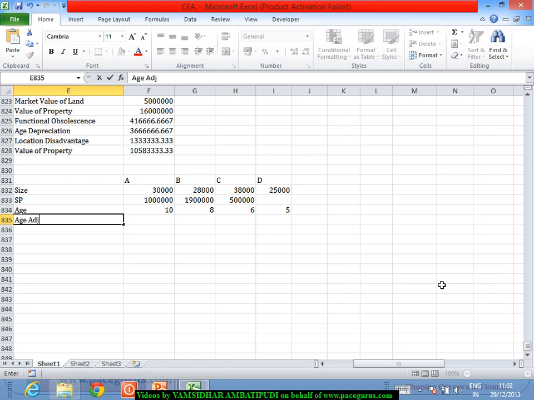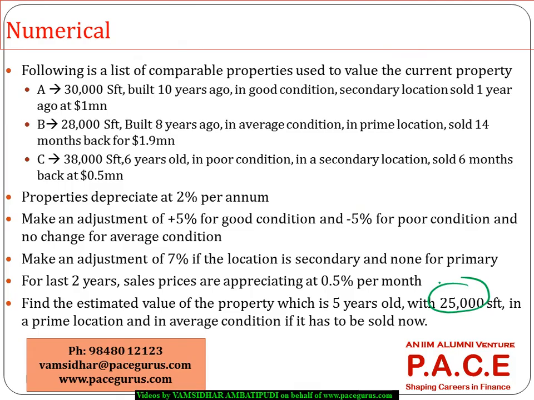So for the age adjustment, this particular property is 5 years older than our current property, and property depreciates at 2% per annum. Because this property is 5 years older, I will adjust it on the upward side 2% per annum.